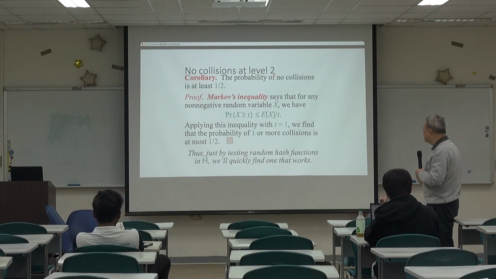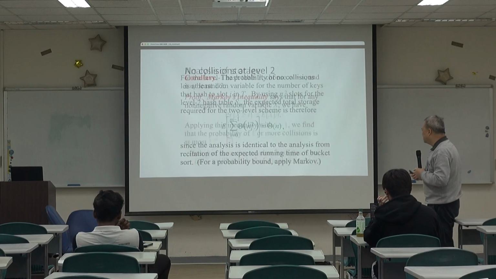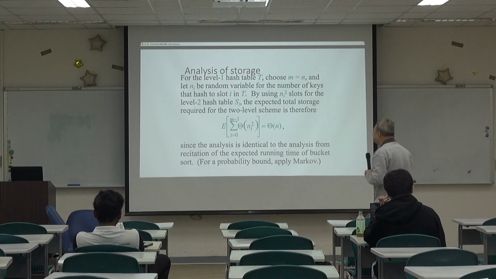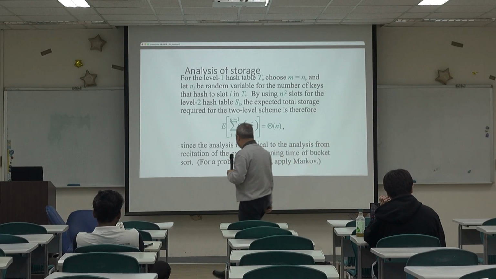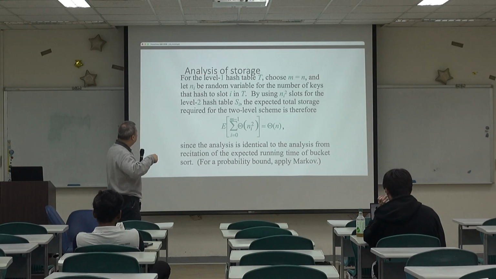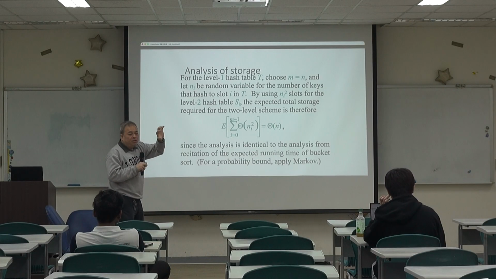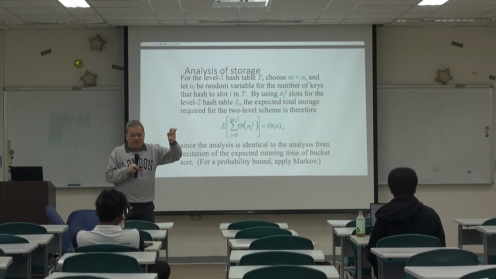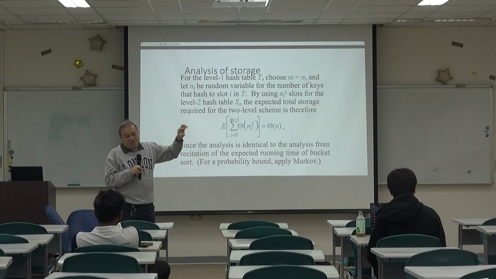So no collision at level 2, I think I already explained. But the issue for the second level is, if each Si is of size Ni, then as I mentioned, we will use Ni squared as the size of the table for the second level, right?